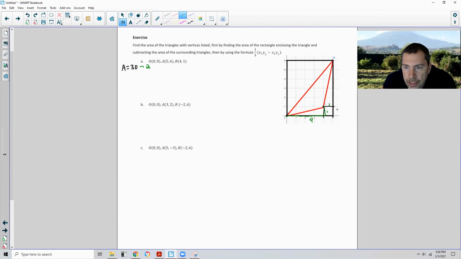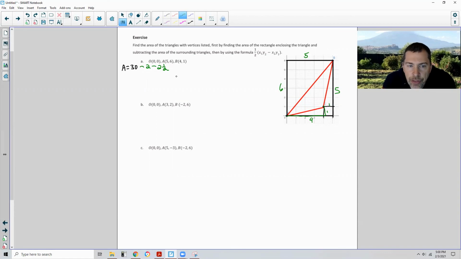Then this is a length of 1, and this is a length of 1, 2, 3, 4, 5. 5 times 1 is 5, times 1/2 is 2.5, or minus 2.5. And then this one is a length of 5 by 6.